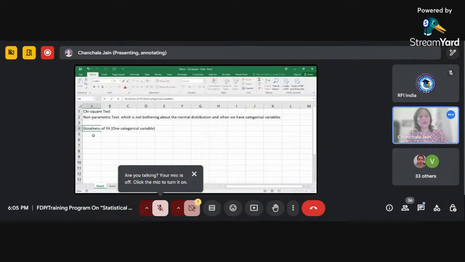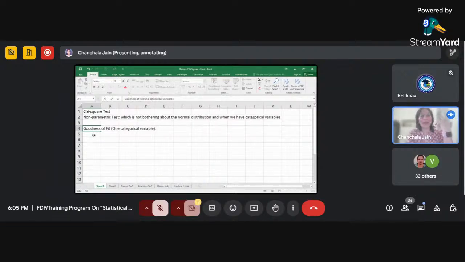So when I say goodness of fit test, that is the first category of the chi-square test. Here we are assuming, or we want to find, the uniform distribution of frequencies.